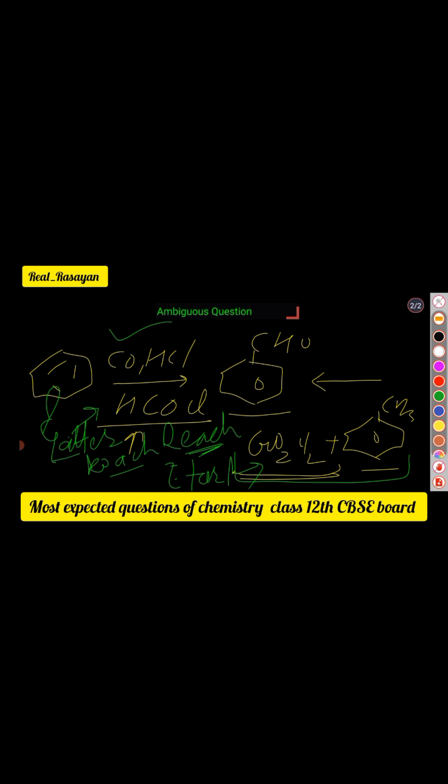In this word Gattermann-Koch, Koch refers to the letters CHO. CHO gives the aldehyde product. So you must remember the difference between these two reactions.